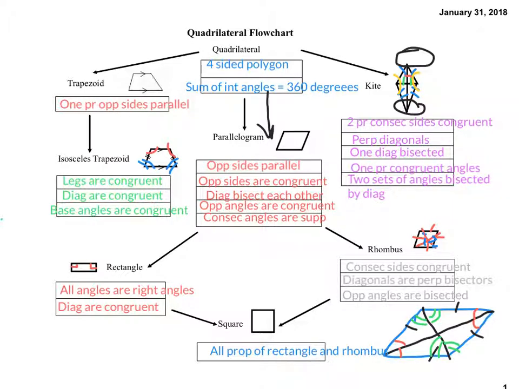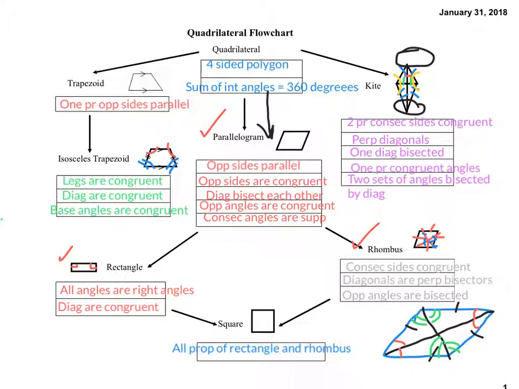Okay, so this guy has everything. Meaning, it's going to have all the properties of the parallelogram, all the properties of the rectangle, and all the properties of a rhombus. So let's say I gave you a quadrilateral, and you were able to prove the quadrilateral is a parallelogram. If I asked you to identify the most specific type of parallelogram it could be, you would go further.